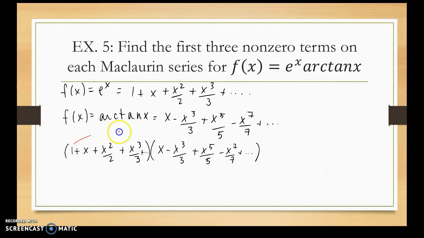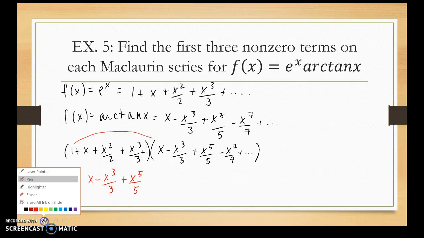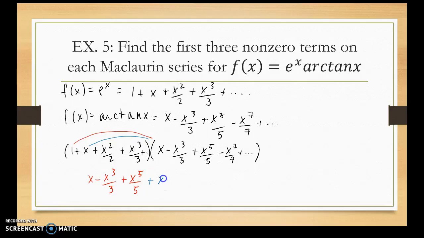I'm going to multiply everything by 1. So x minus x cubed over 3 plus x to the 5th over 5. Okay, I'm not going to go any further, and you're going to see why. Next, I'm going to multiply everything by x. So plus x squared minus x to the 4th over 3 plus x to the 6th over 5.